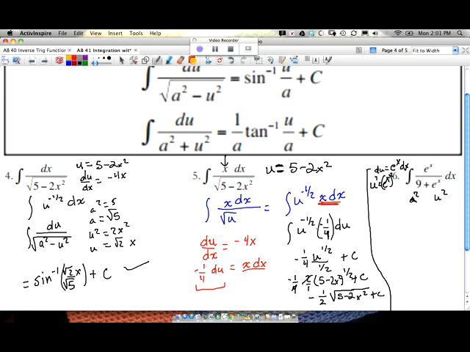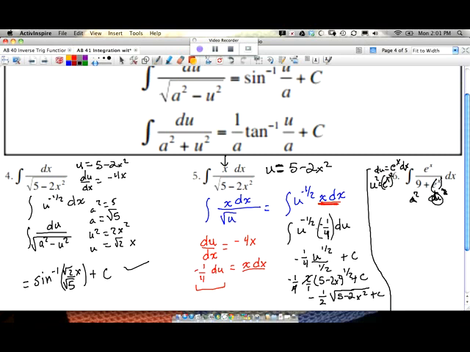And so the problem there is that it's not that. This down here is not squared, it's just u, or a du. So it doesn't fit that pattern.